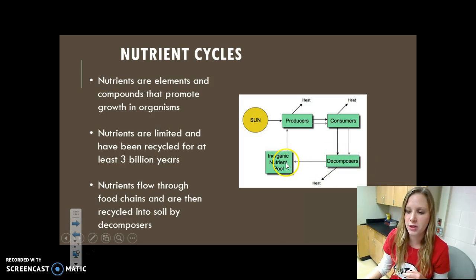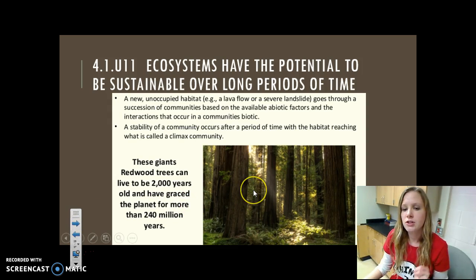The decomposers are the things that put it back into the food chain. Again, we also talked about the fact that we lose heat at every level, right? That'll come back again tomorrow when I see you. All right, so again, we call things sustainable when you have that recycling fact.